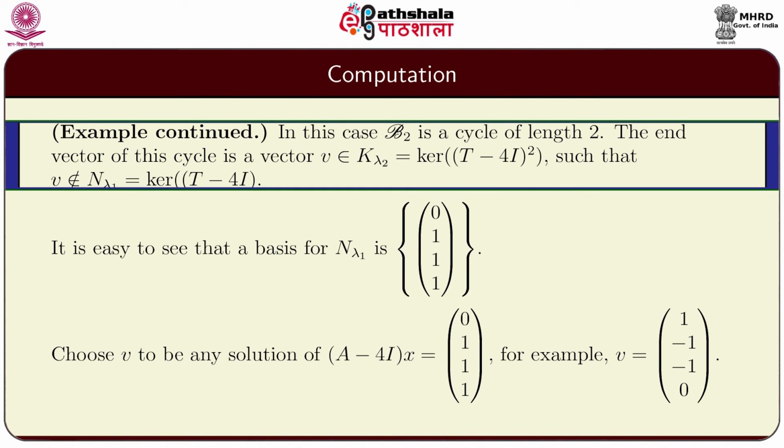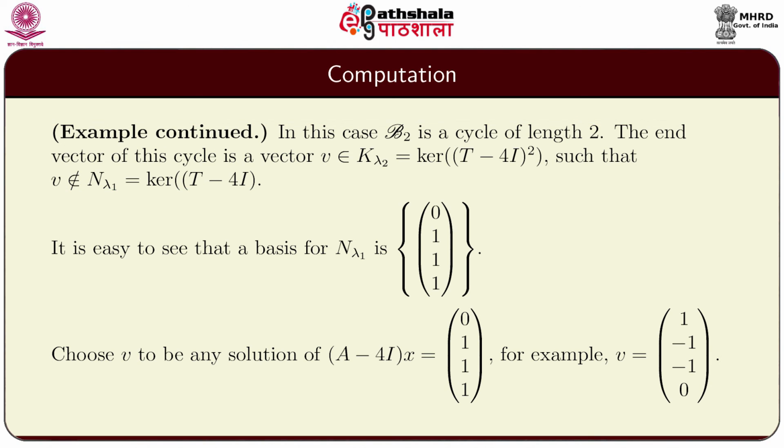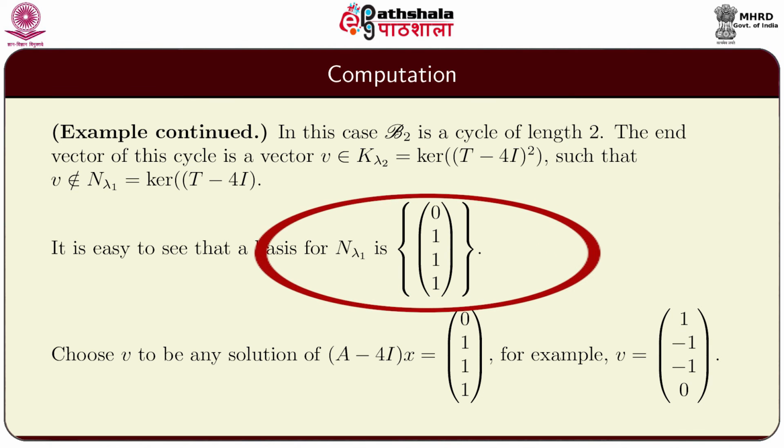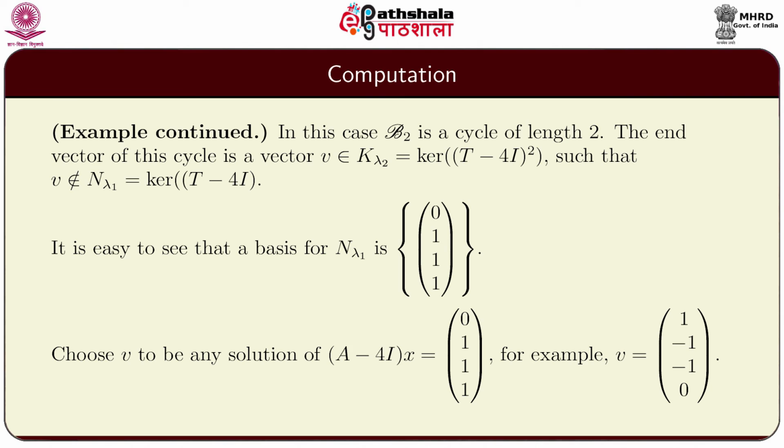The end vector of this cycle is a vector V in K lambda 2, which is the kernel of (T - 4I)^2, and we must satisfy the property that V is not in N lambda 2, that is the kernel of (T - 4I). Now, it is easy to see that a basis for N lambda 2 is this singleton (0, 1, 1, 1).